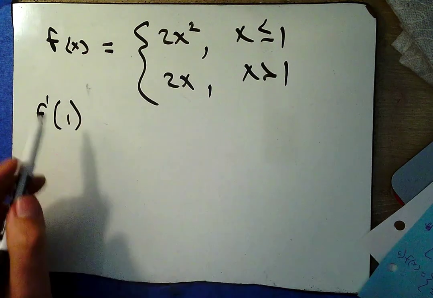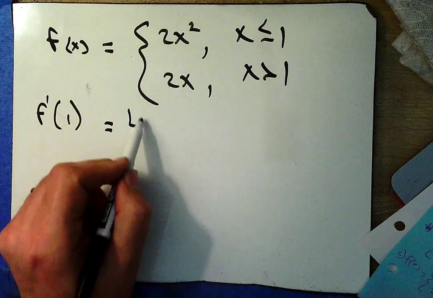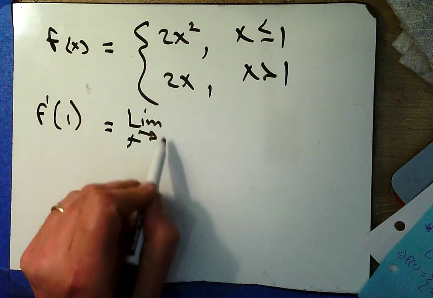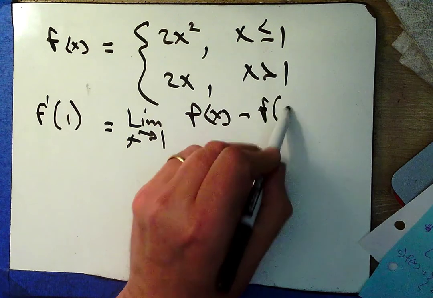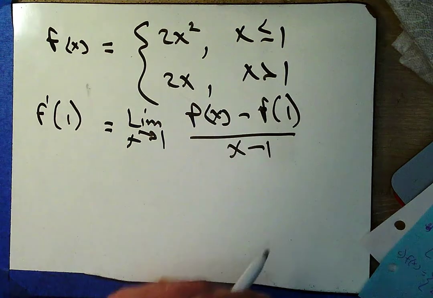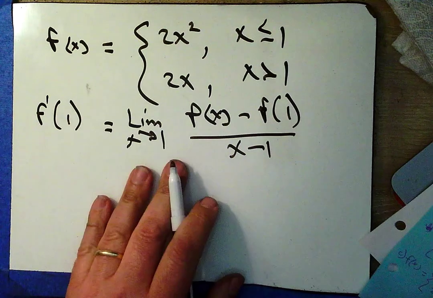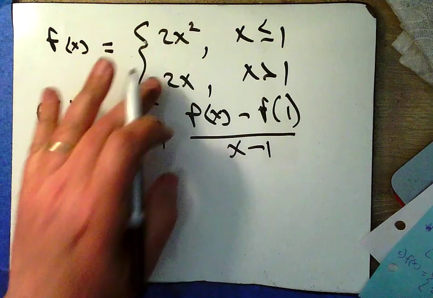Okay, so in order to find f prime of 1, I'm thinking about the limit as x approaches 1 of f of x minus f of 1 over x minus 1. The problem is that my f of x is a piecewise function.